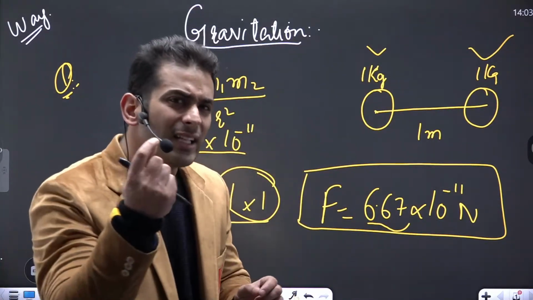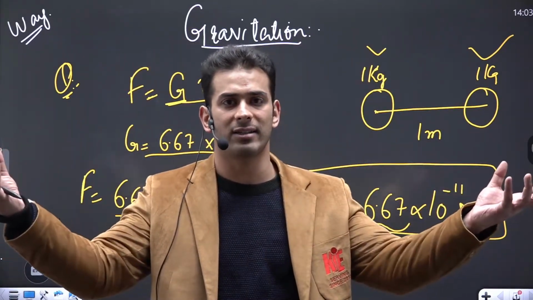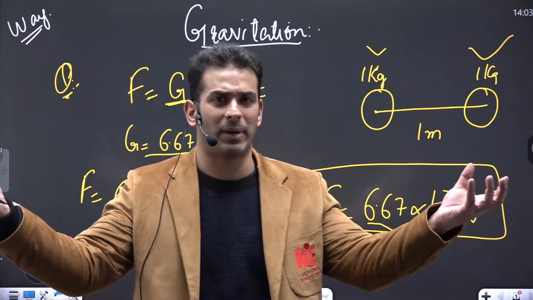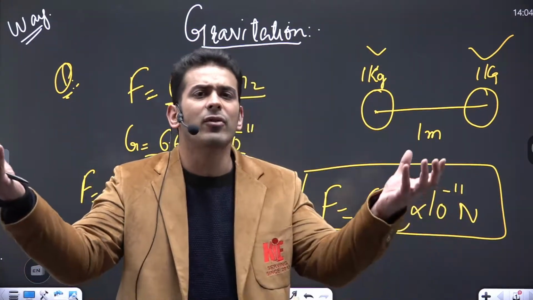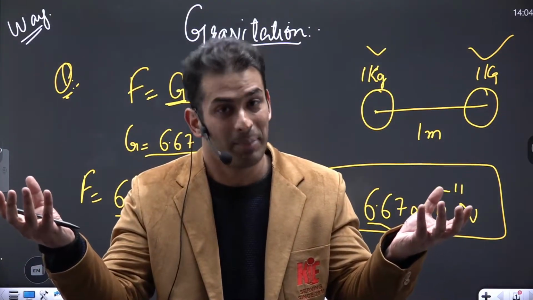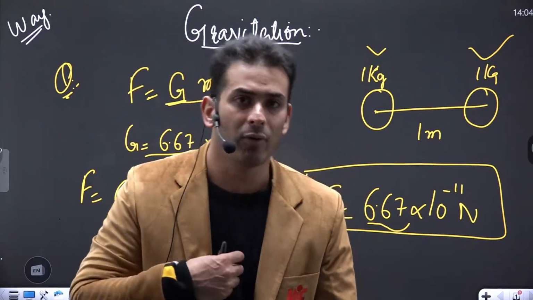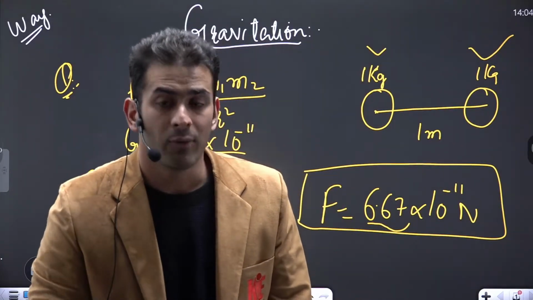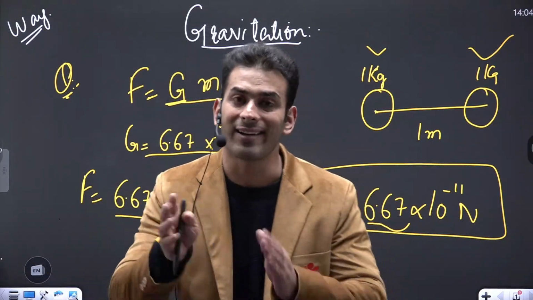That means whenever two masses of 1 kg are separated by 1 meter distance, they will not attract each other much. They will attract with a little force. The force of attraction here is very little. It's less than 1, so they are not going to attract each other practically. As we checked, when you were standing in front of me and I was standing in front of you, we were trying to attract each other because the property of mass is that we attract each other.